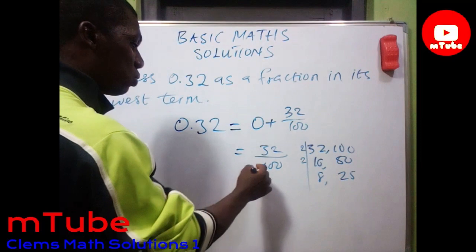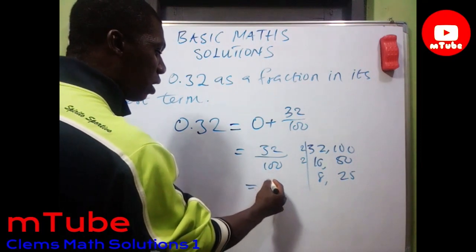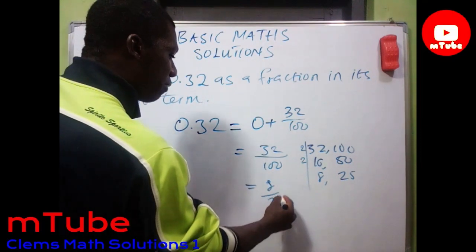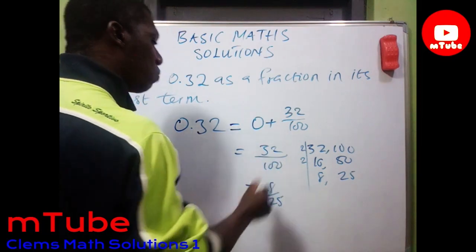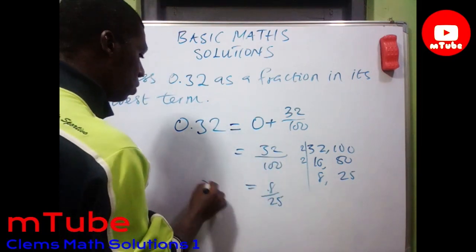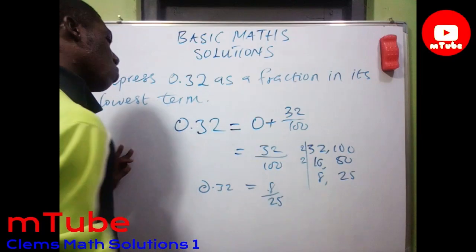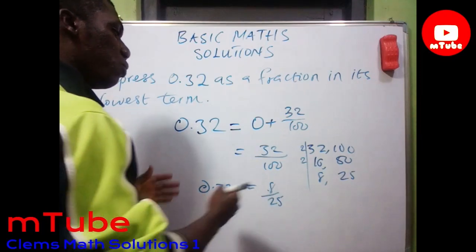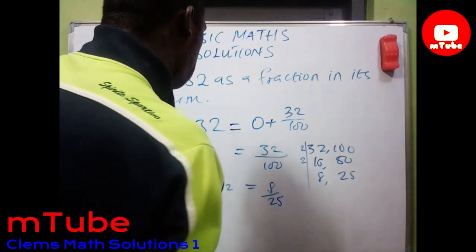That tells you that this is 8 over 25. So 0.32 is 8 over 25. That is how you can teach it to your pupil.